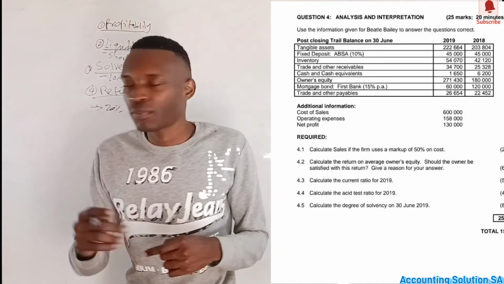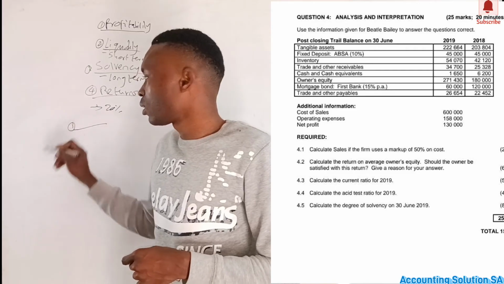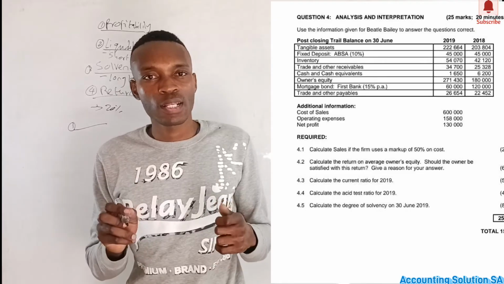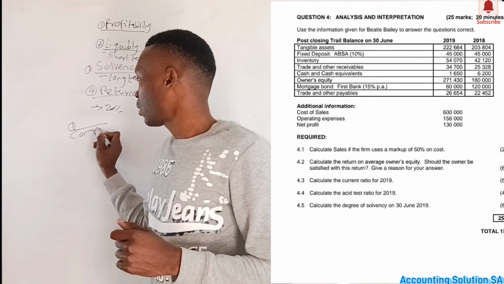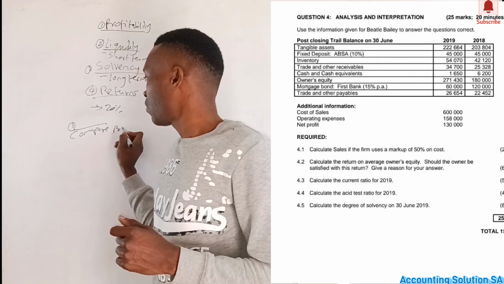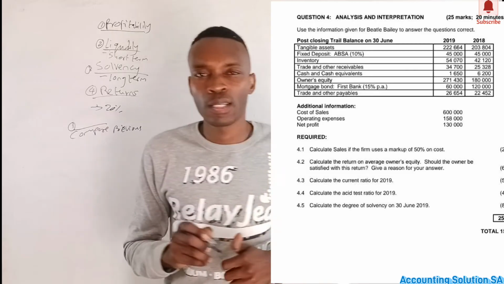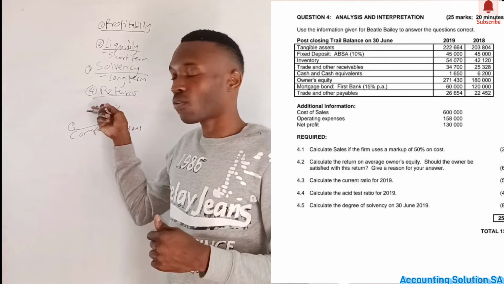When you comment, the first part, number one, you must be able to compare with the previous year's results. Okay, let me give you an example about the return of the owner.